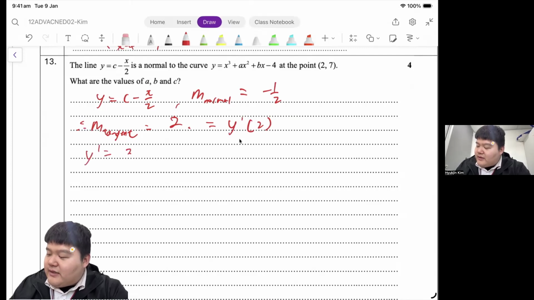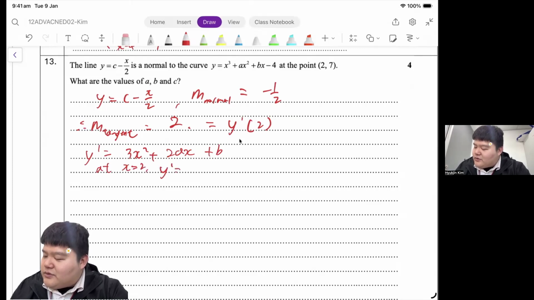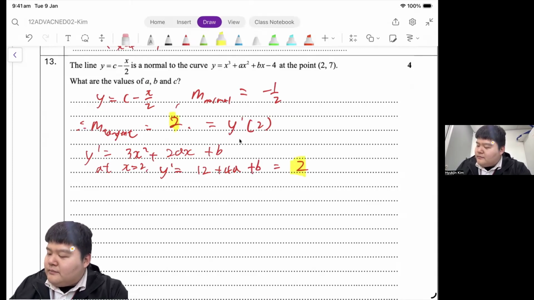y dash equals 3x squared plus 2ax plus b. I didn't even differentiate that. And at x equals 2, y dash equals, and this is supposed to equal 2 from here to here. But what do I also know?